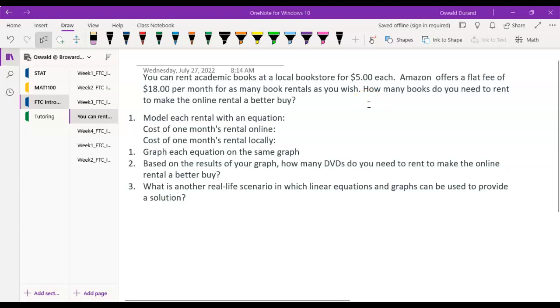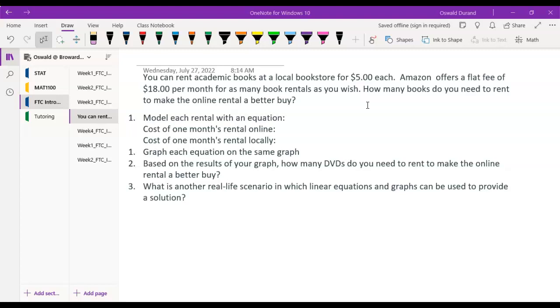At a local bookstore, you can rent a book for $5 each. So if you're getting a rental for one book, you pay $5, two books, 10, and so on. Amazon offers a flat fee of $18 for as many books as you wish. So it's just a flat fee. So whether you have one book, 10 books, 20 books, 1 million books, it doesn't matter. Per month is going to be $18.